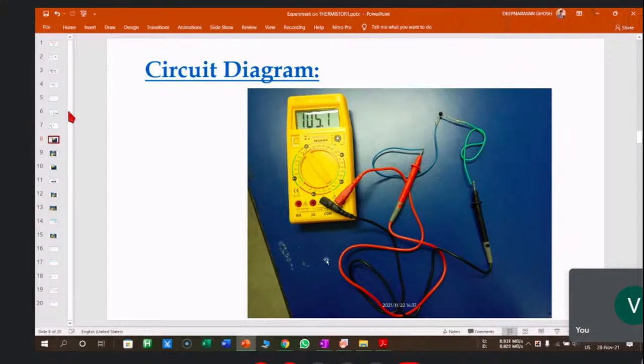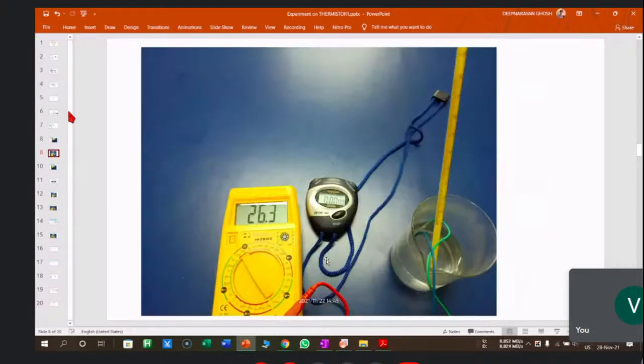This is the circuit diagram, and this is the setup where the thermistor is directly put into water. Although water is not non-conductive, its conductivity is very small. That's why we can dip the thermistor directly into water. There is no problem.